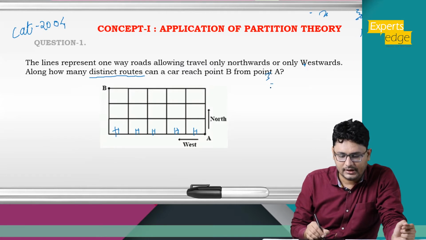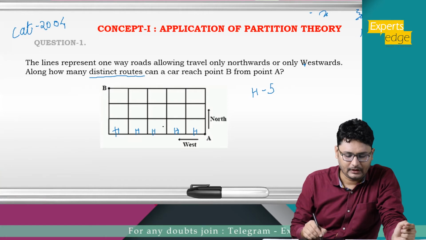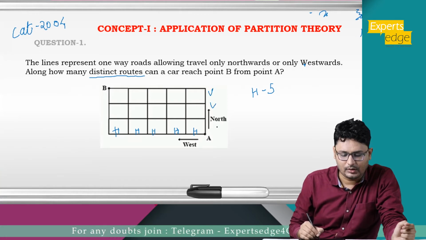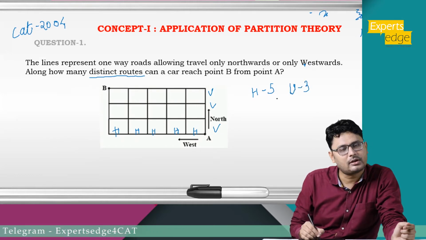And how many are vertical? Vertical are 1, 2 and 3. So I have 3 vertical. As we just said, what will be the answer?